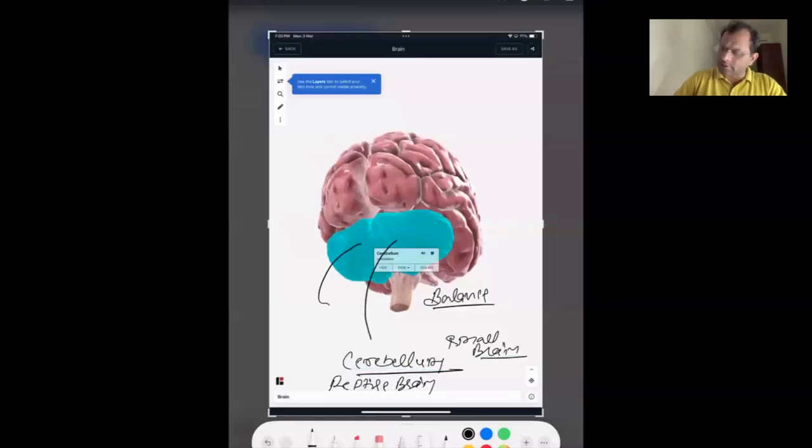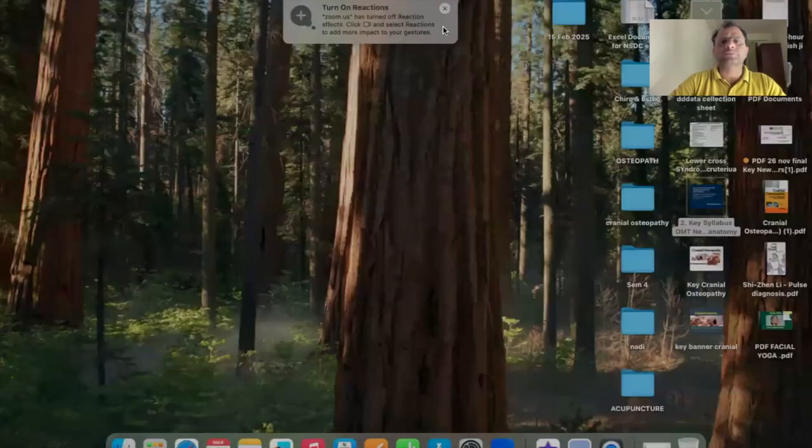right? If the cerebellum is disturbed, then the person will not be able to balance and will walk like a drunkard. आपने शराब पीने वाले को वॉक करते हुए देखा होगा. The person who is drinking, how is he walking? That is called cerebellar dysfunction. If the person has a disturbed cerebellum, that is called cerebellar ataxia, right?